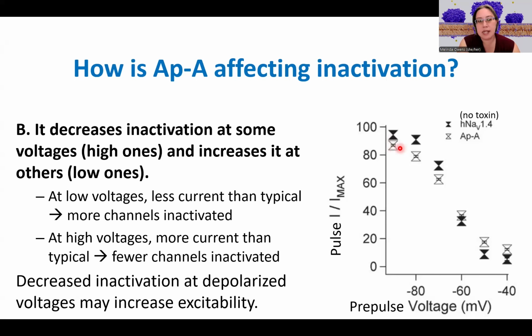And so it means that at low voltages, it seems to be more inactivation than normal. But what about these high voltages? At high voltages, we have the opposite thing. At high voltages, there's more current with the toxin than without it. And so if there's more current, that means that fewer channels are inactivated, right? Because inactivated channels don't pass current. So at high voltages, there's more current than typical. That's fewer channels inactivated. So there's this mixed effect.